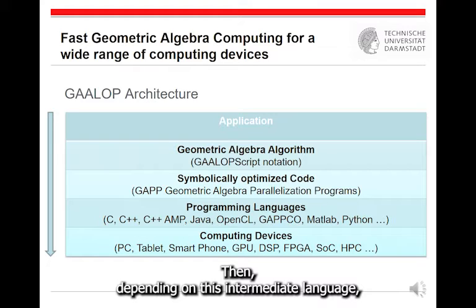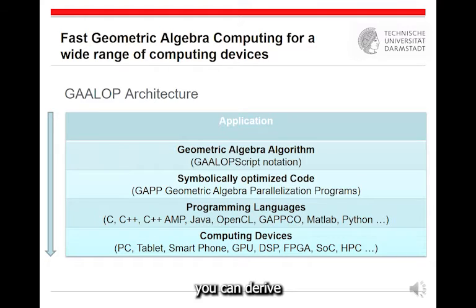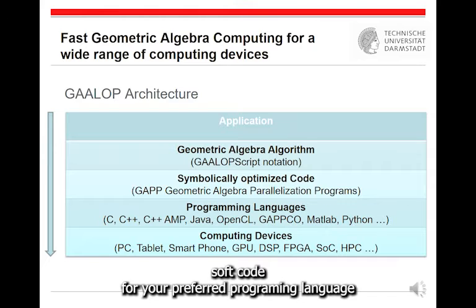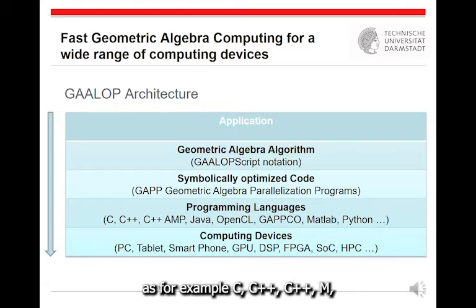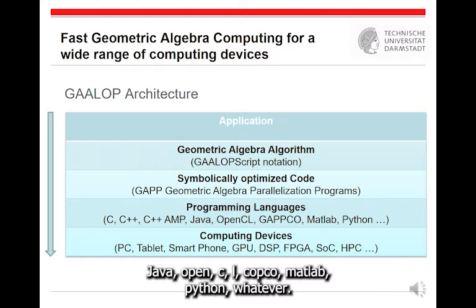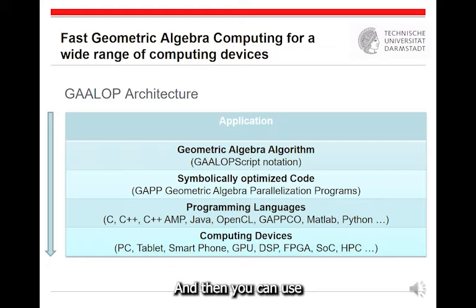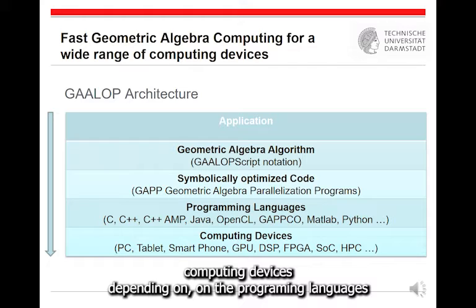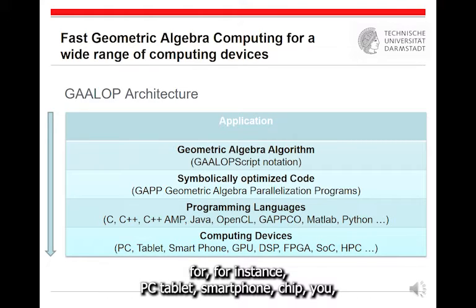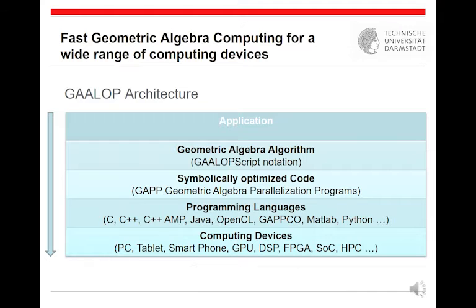Then, depending on this intermediate language, you can derive source code for your preferred programming language, as for example C, C++, C++M, Java, OpenCL, Gapco, MATLAB, Python, whatever. And then you can use computing devices depending on the programming languages, for instance, PC, tablet, smartphone, GPU, DSP, FPGA, SoC, or even HPC.